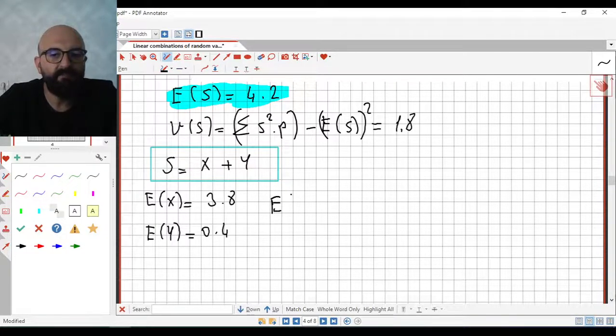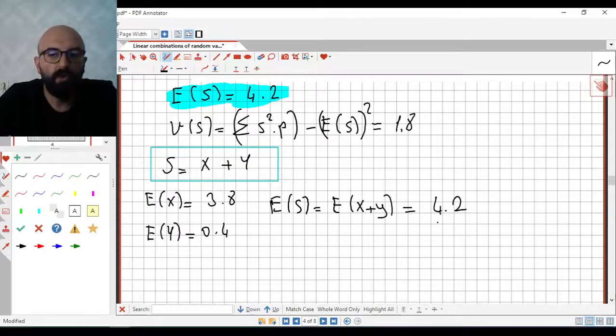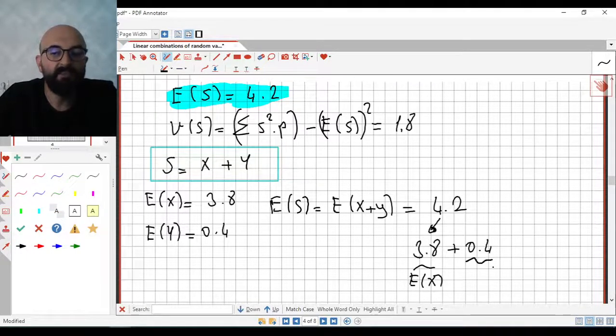So the expected value of s, the expected value of x plus y, means 4.2. 4.2 means 3.8 plus 0.4, and 3.8 means the expected value of x, 0.4 means the expected value of y. So the expected value of x plus y means the expected value of x plus the expected value of y.